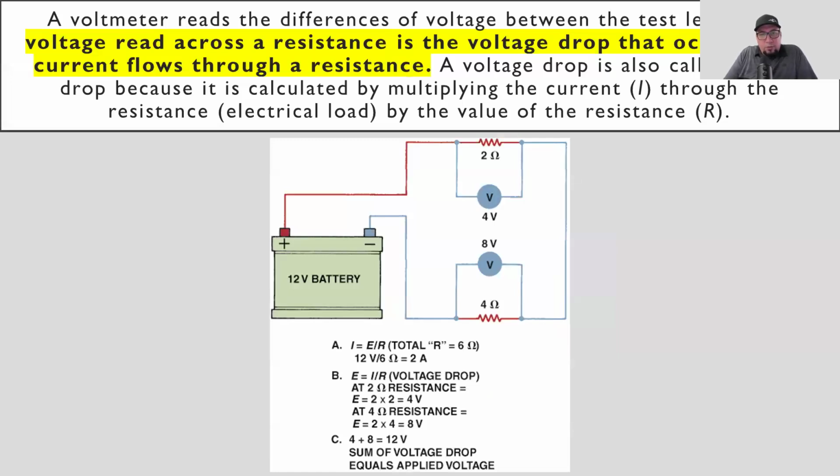We have voltage going through the first resistor, which is a 2-ohm resistor, then through the second resistor, which is a 4-ohm resistor. Now, if we refer to law number 2 for series circuits, the voltage drops need to add up to the source voltage. In this case, our source voltage is 12 volts. So 8 volts and 4 volts does add up to 12 volts.